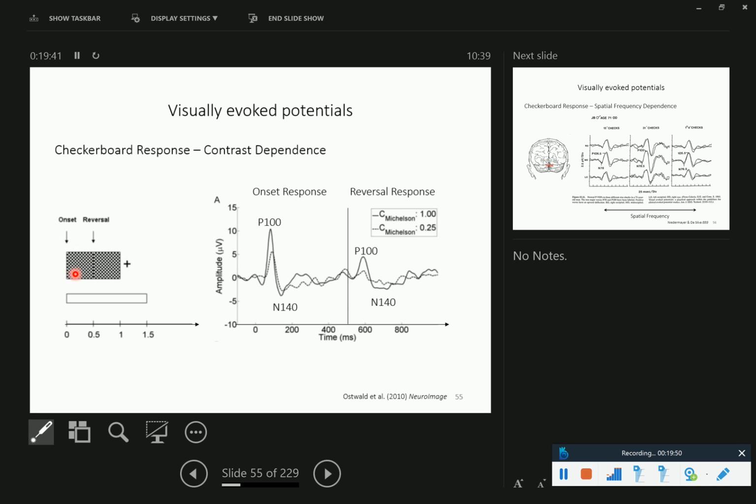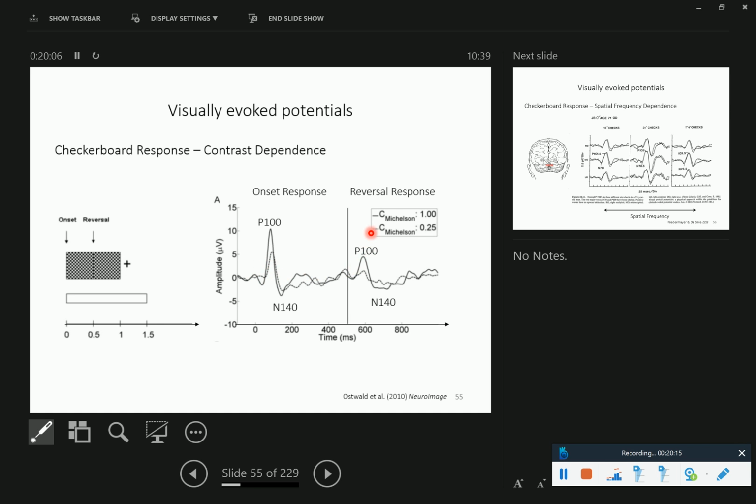Here, if you have really black and white, then the contrast is maximal. This refers to a Michelson contrast of 1. Of course, you can make the white more grayish and the black more dark grayish, and you get less contrast. And not too surprisingly, the responses that you get for lower contrast are lower.